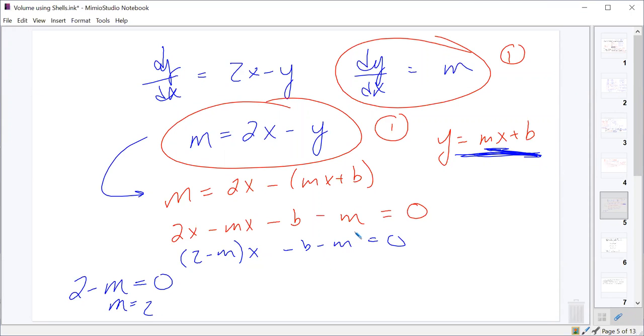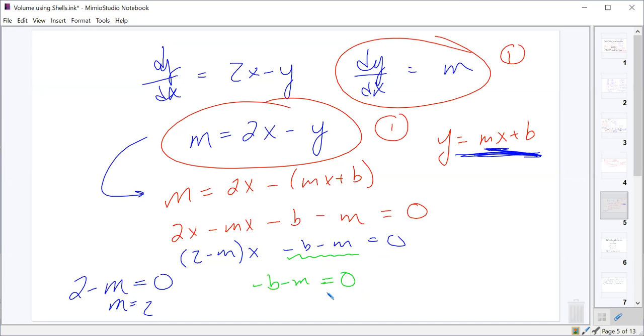What is the constant on the left-hand side? Isn't that the value of the number that's not associated with x that's sitting over there? So negative b minus m. And what's the constant on the right? 0.